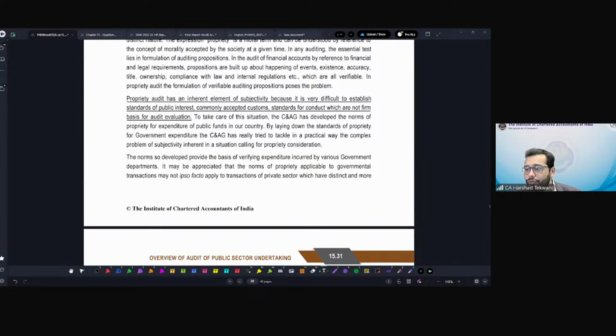Again, that goes with subjective concepts and different levels of discussion. That's why it becomes very, very difficult to identify or perform these kinds of audits, and that's why you don't have separate reports on the proprietary audit. Clear with this? With respect to the proprietary audit?